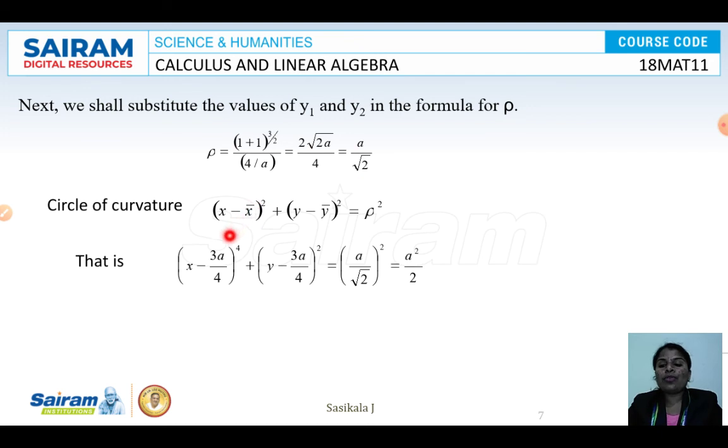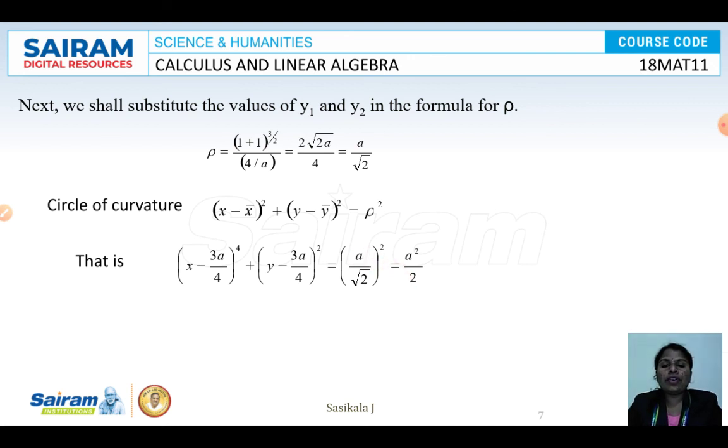Now substitute in the circle of the curvature. What is that? x minus x bar the whole square plus y minus y bar the whole square equal to rho square. So what is that? x minus x bar value 3a by 4 the whole square plus y minus y bar value 3a by 4 the whole square, which is equal to a by root 2 the whole square, which you can write as a squared by 2. Okay.